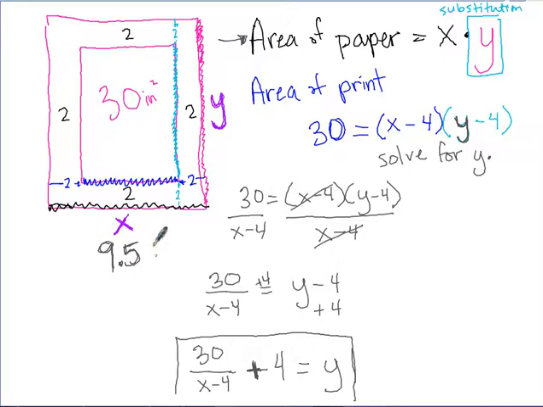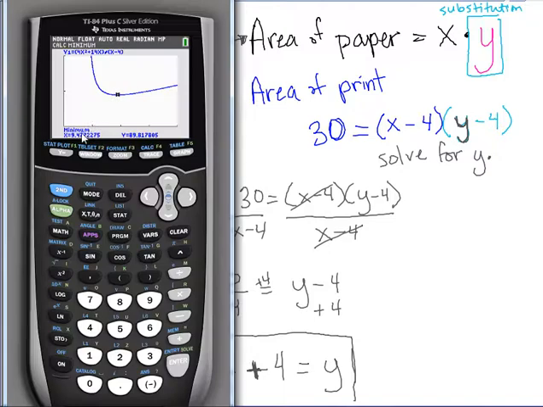Okay, so x is 9.5, and what's our y value? Well, here we have an equation for the y value. Remember from our graph, we graphed x versus area. So this is an area equation. So my area would be 89.8. Not my y value, but my area, because the y value in this case is an area from our paper, or from our equation.